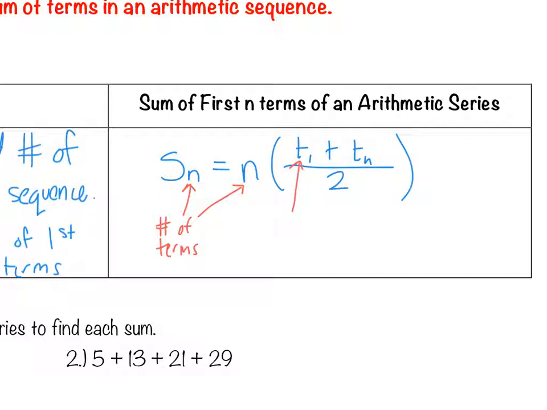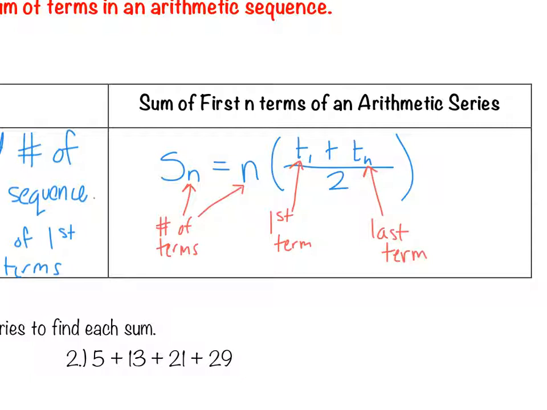T sub 1 is your first term. In an arithmetic sequence, we used a sub 1, and that was the first term. Here it's the same thing, t sub 1. And then t sub n is the last term. So as long as we know the first and last term, we can figure out the sum of all of the terms.